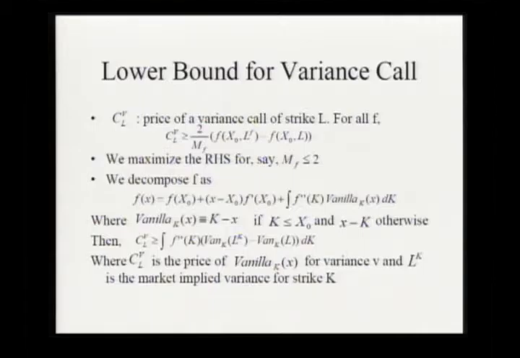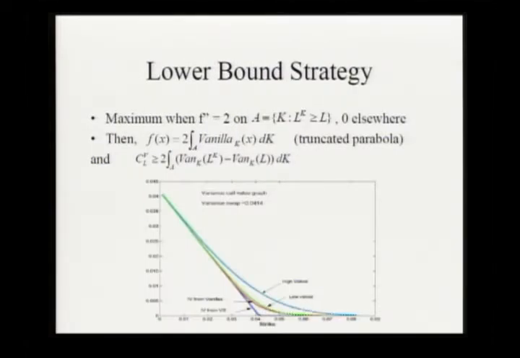When this is positive, you have a coefficient 2. When it's negative, you put a coefficient 0, which means that you keep only the strikes where the implied vol is above L. So it's maximized when the second derivative is equal to 2 for the strikes such that the implied vol is greater than L, and 0 otherwise.